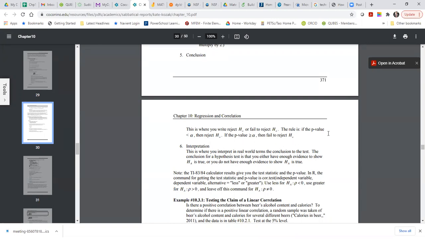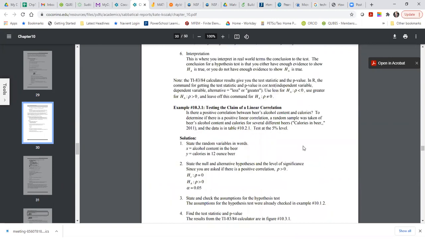So if the p-value is less than alpha, the conclusion is we have enough evidence to show the alternative is true. But if we fail to reject, the conclusion will be we do not have enough evidence to show the alternative is true.